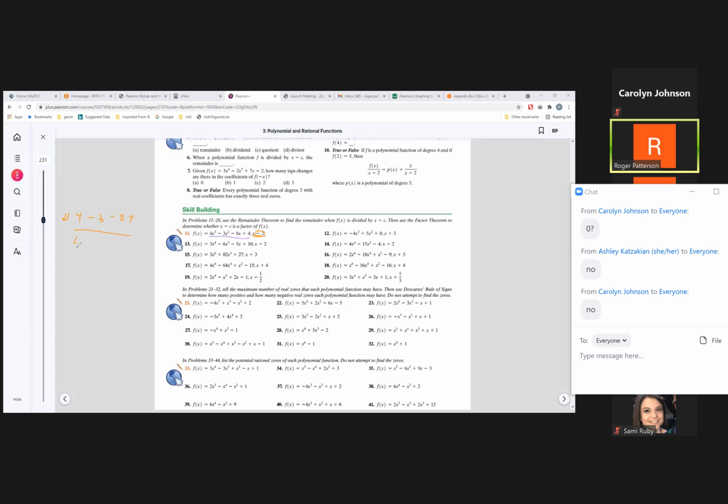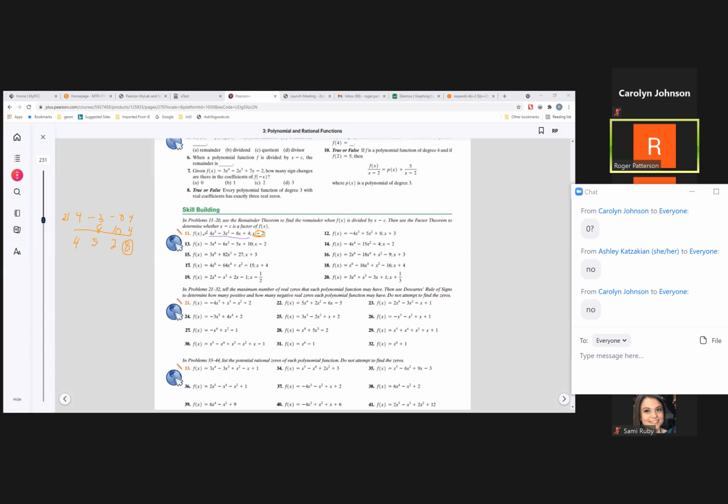So 4, 8, 5, 10, 2 times 2 is 4, and I get 8. All right. So here it is. I get 8 for my remainder. So it's asking you to use the remainder, find the remainder when f of x is divided. I did.